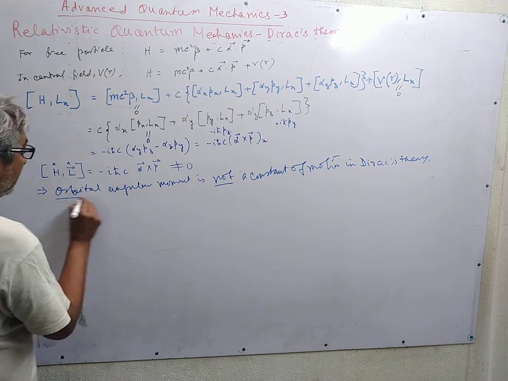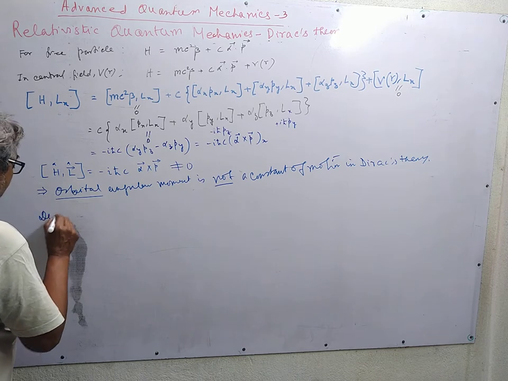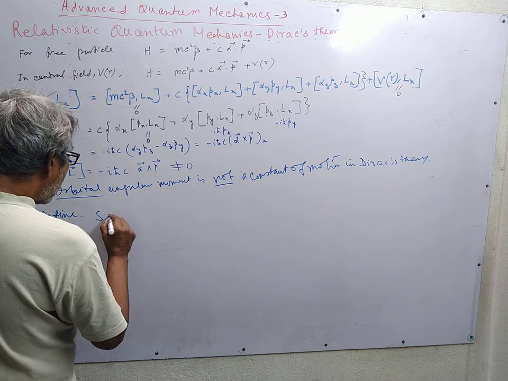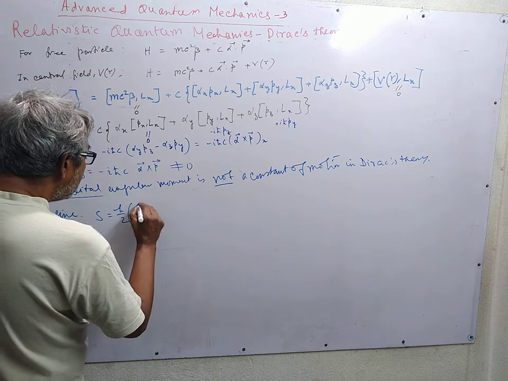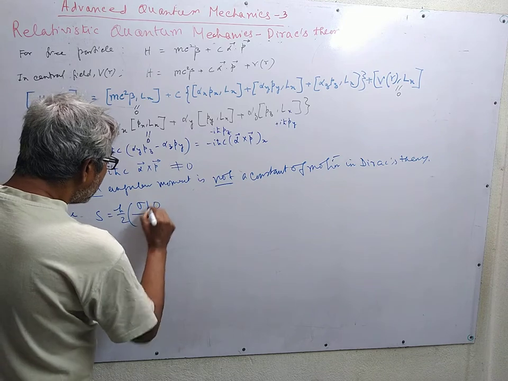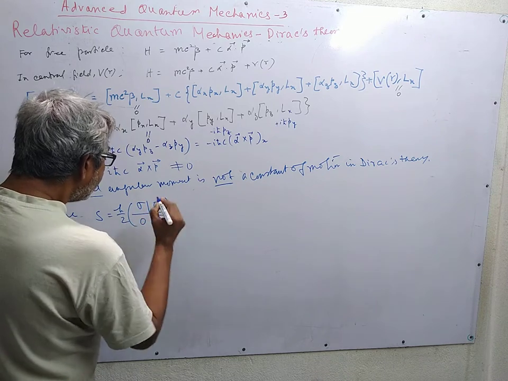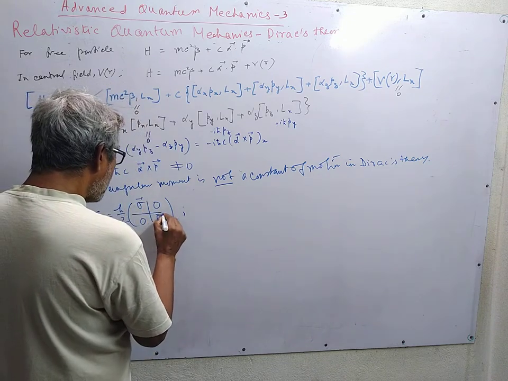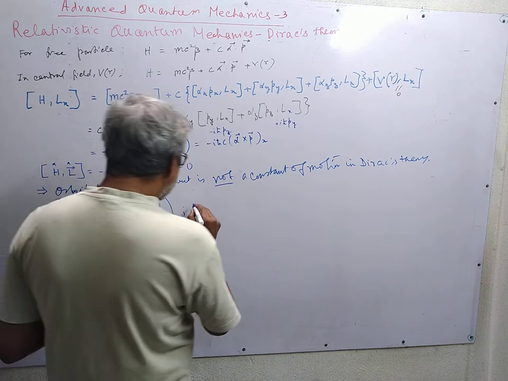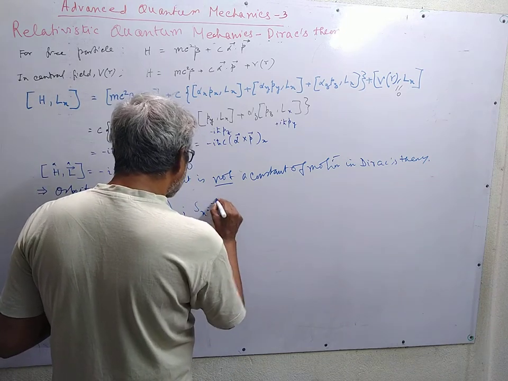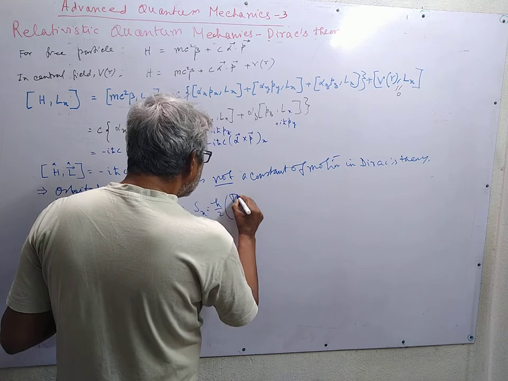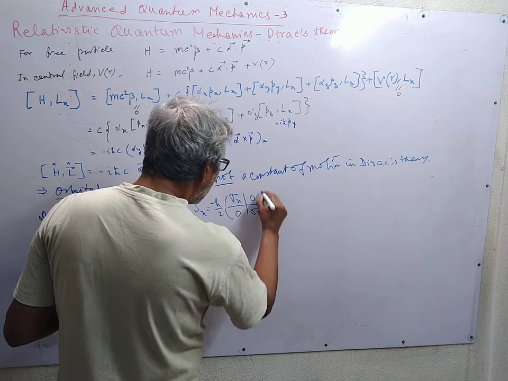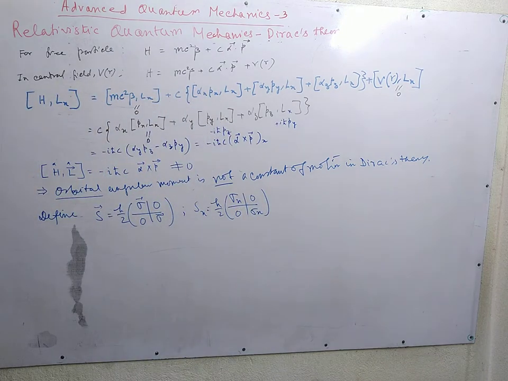of motion. If we define a quantity, the S operator, as h cross by 2 sigma, that is, the Sx operator is defined as h cross by 2 sigma x, where sigma x are the Pauli spin matrices.